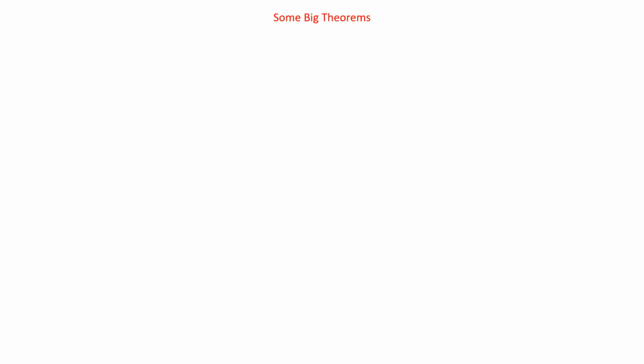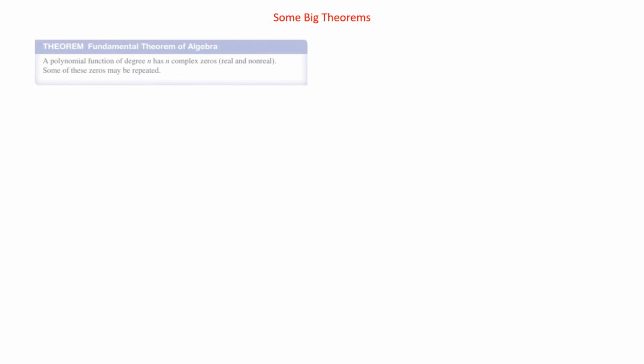We have a couple big theorems going on in this section. The first one is the Fundamental Theorem of Algebra. Generally speaking, in math, when something sounds big and complicated like that, it's actually not that complicated. It's when things sound really easy that's when they get complicated.